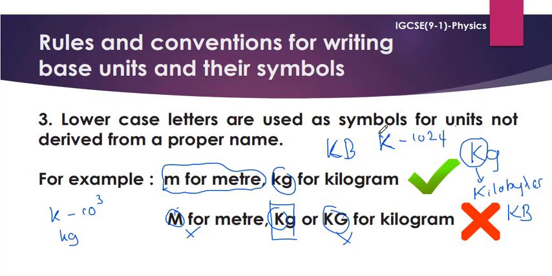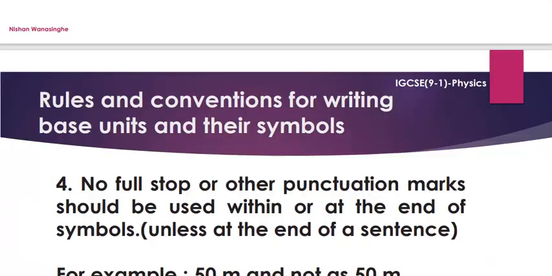To identify that, in computer science we use capital K, but in science or physics we use lowercase k. It represents a prefix with a value 10 to the power 3, 1000 times. Kilo means 1000 times, right? We'll come to the fourth rule.